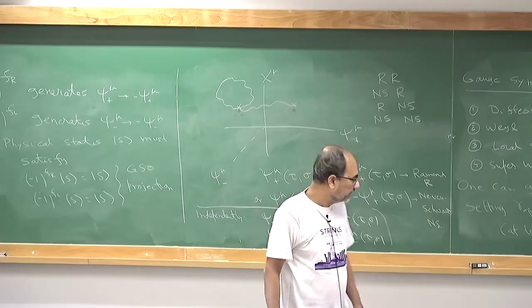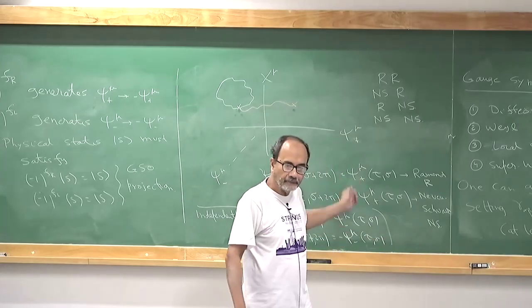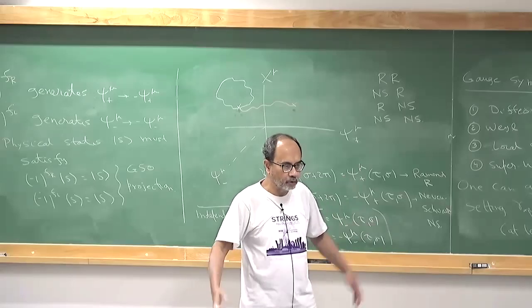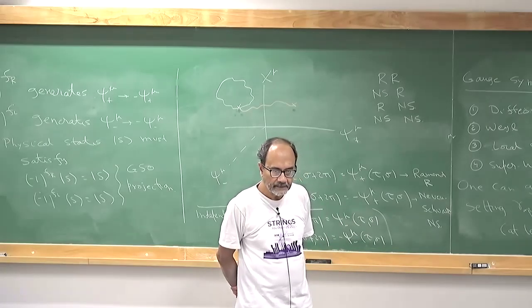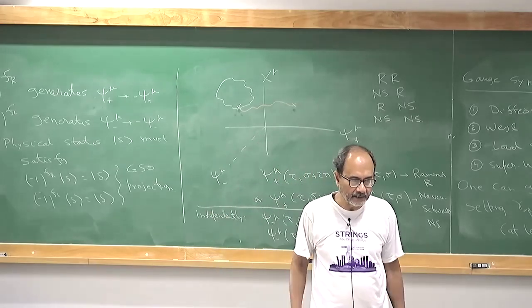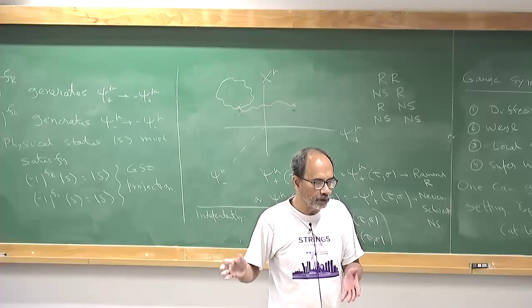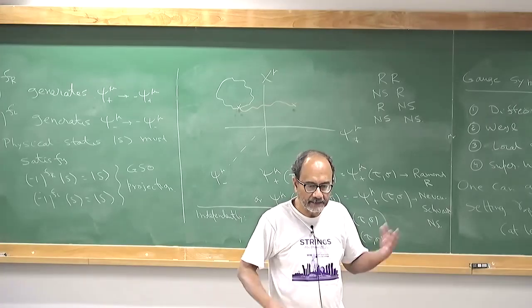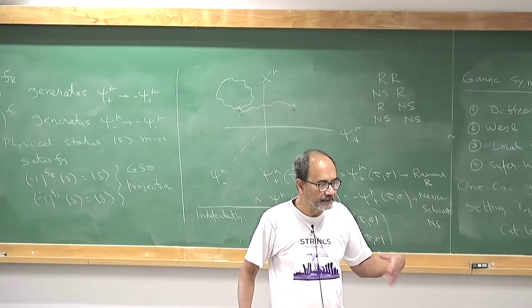This multiplies by 4, roughly, because you have 4 sectors. So overall, it gives the same number of states. Again, roughly, but GSO projection projects out states and the different sectors increase the number of states.